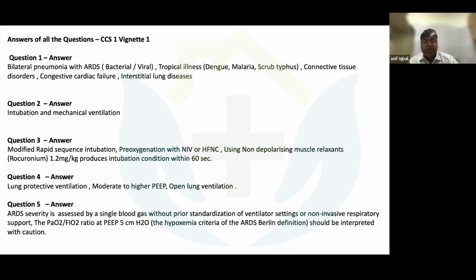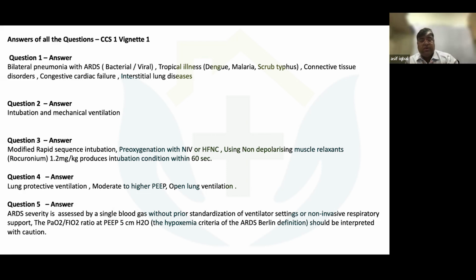There might be anatomical or physiological difficult airway. What is the physiological difficult airway? They might be on inotropic support, or hypovolemic. So when you are giving the sedation drug, hypotension can develop and cardiac arrest can be precipitated. So you need to optimize the patient.